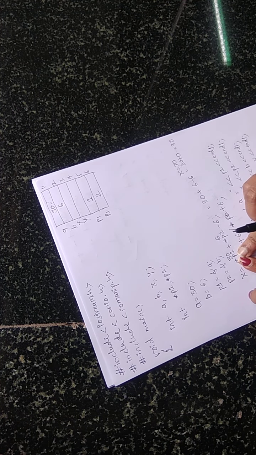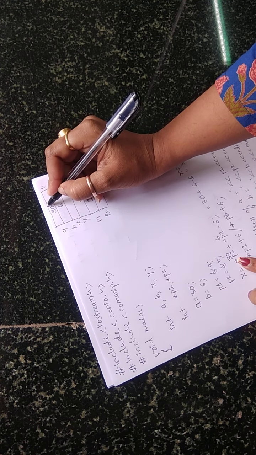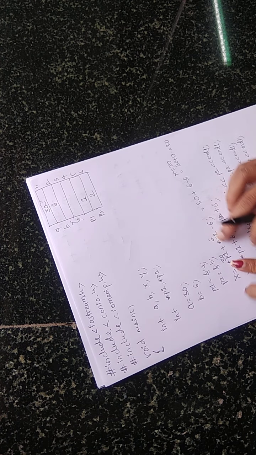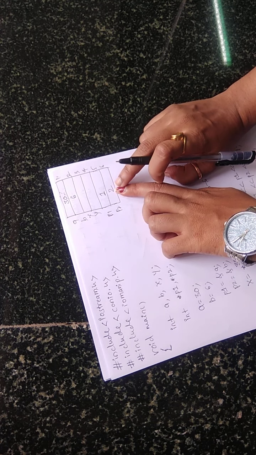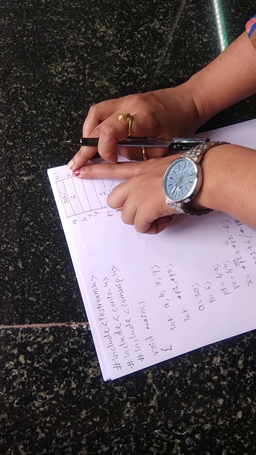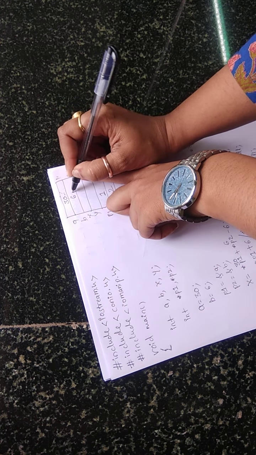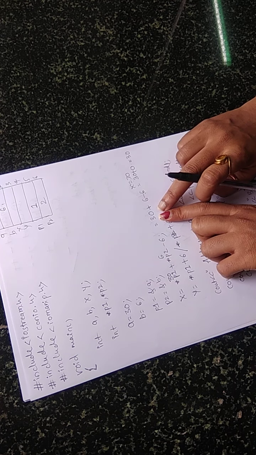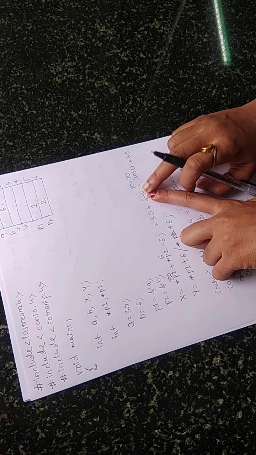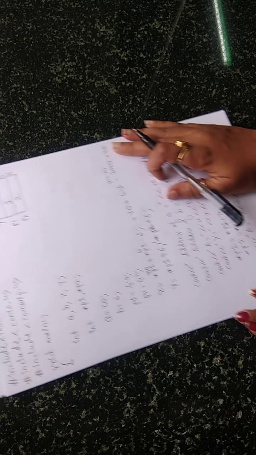So asterisk P1 means 30. Asterisk P2 means go to P2. What is there in P2? Memory address 2 is there. Go to memory address 2. What is there in that memory address? 6. So the asterisk P2 value is 6. So the equation becomes 30 plus 6 minus 6. It will give you 30 as the answer.